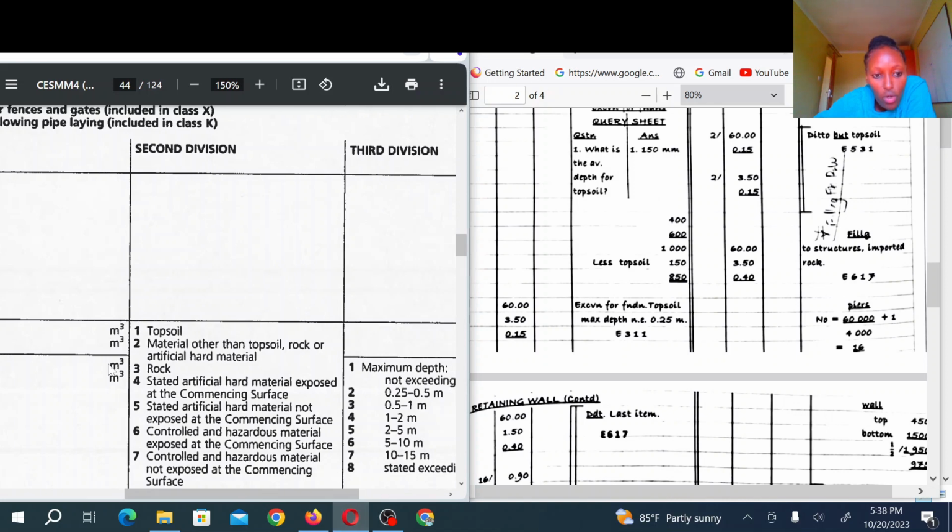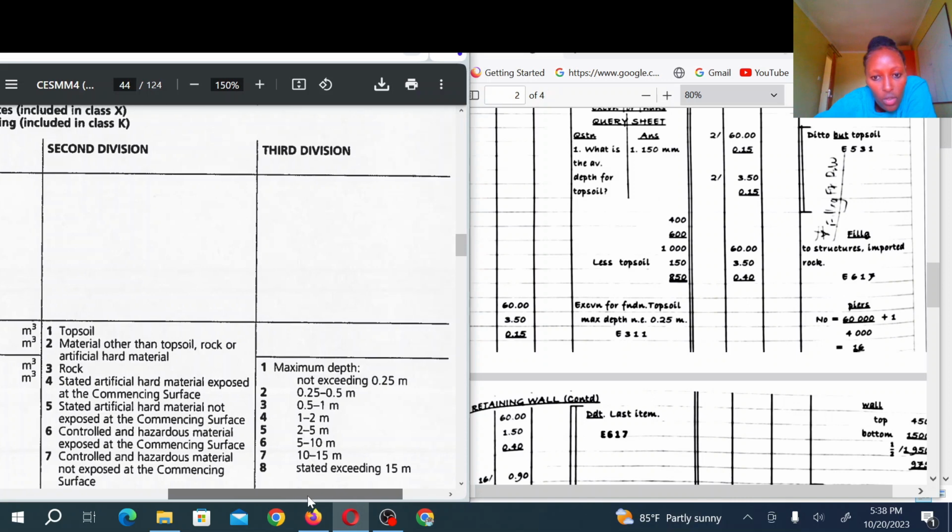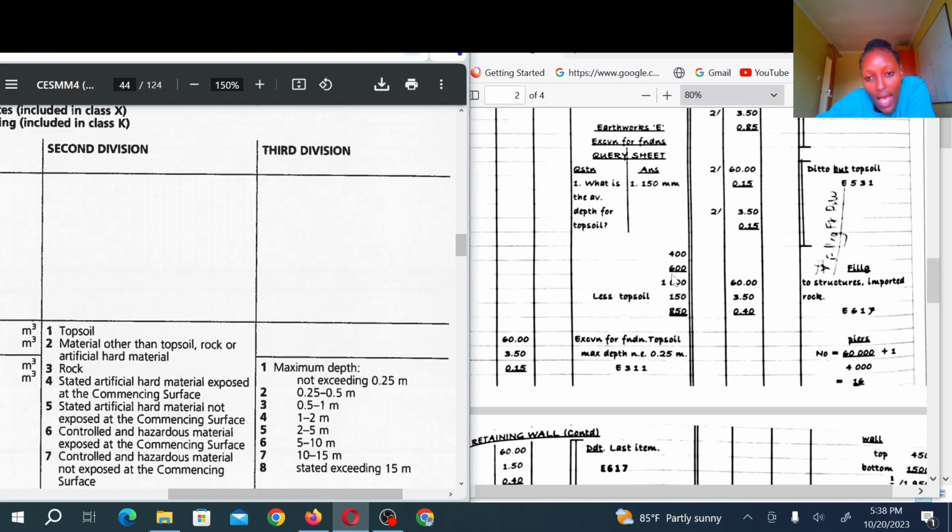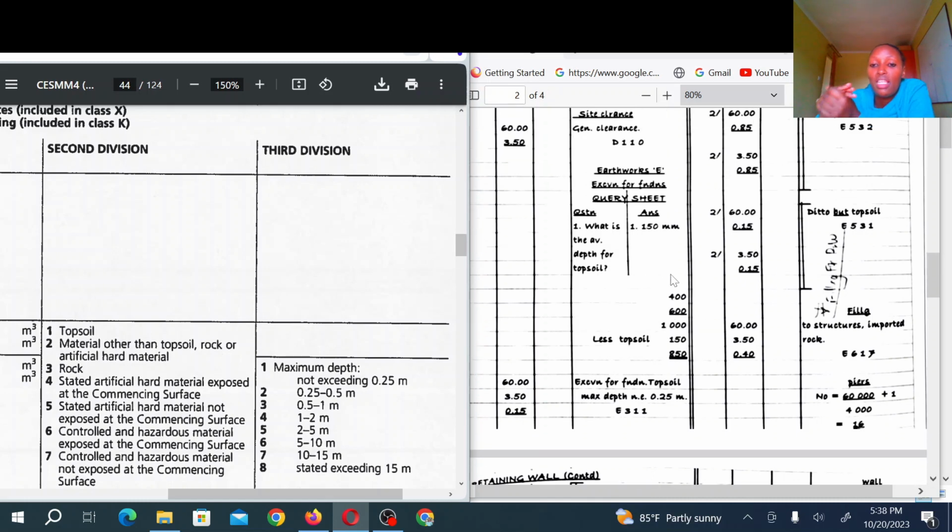Excavating of topsoil will also be in meters cubed. Once you're excavating, you should state the depth. So it will be, say, 150 millimeters for the topsoil. In our case, we have assumed 150 millimeters, because we were not given the drawing.